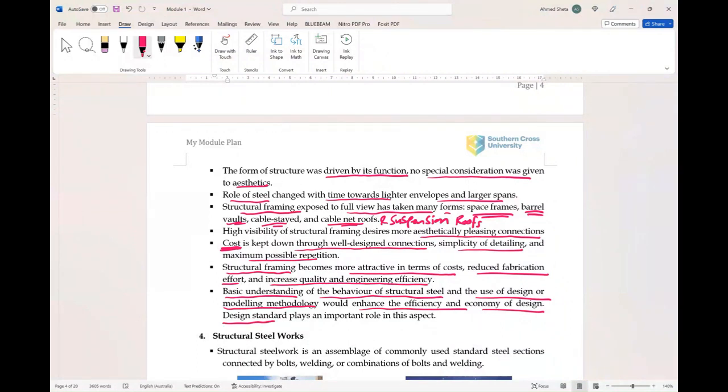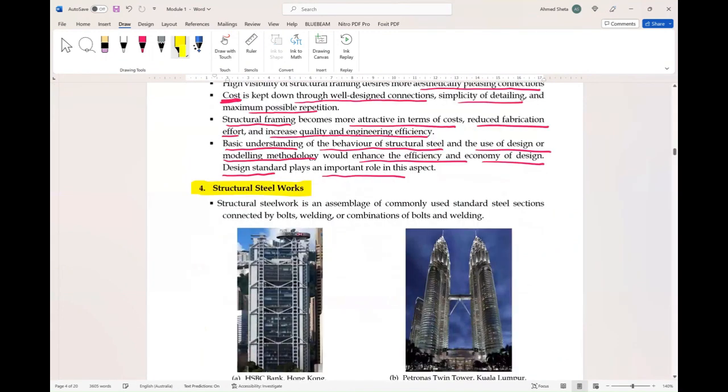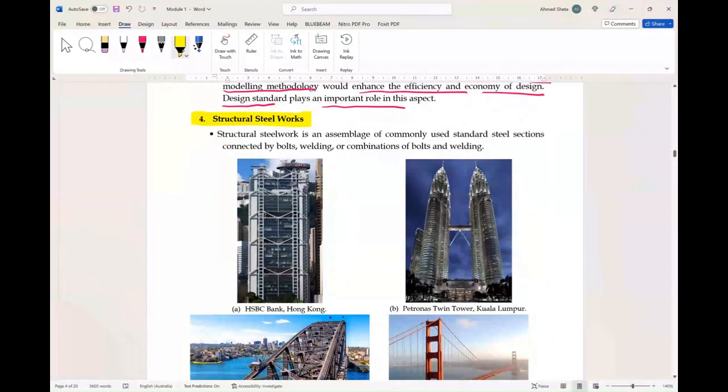Finally, the design standards play an important role in improving steel structure design and encourage engineers and designers to use the steel structure.